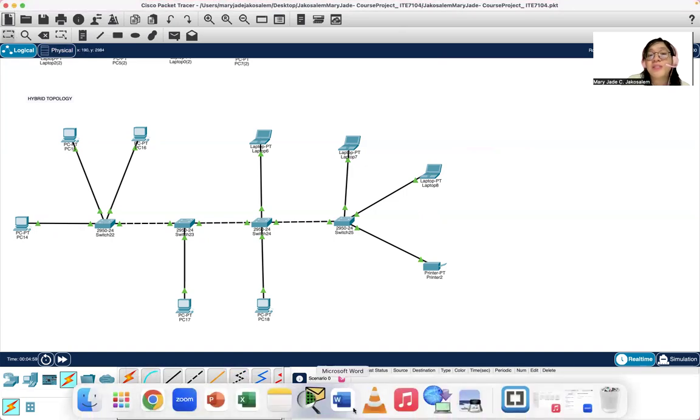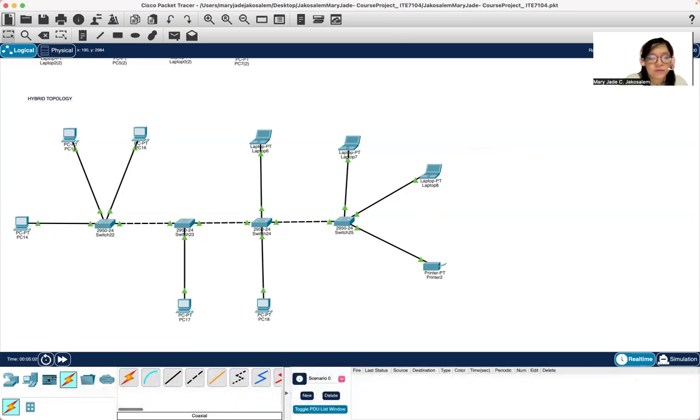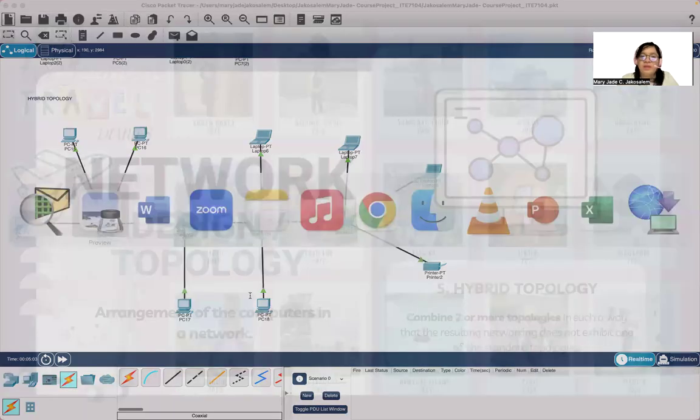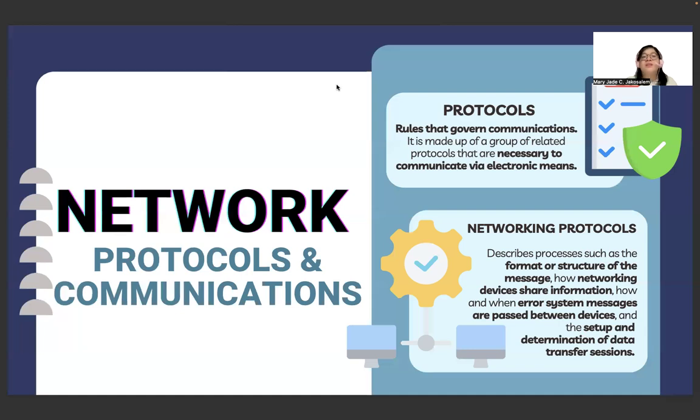Then, proceeding with our discussion, I will now discuss the different network protocols and communications. But before we delve into that, I want first to define what a protocol is and what networking protocols are.